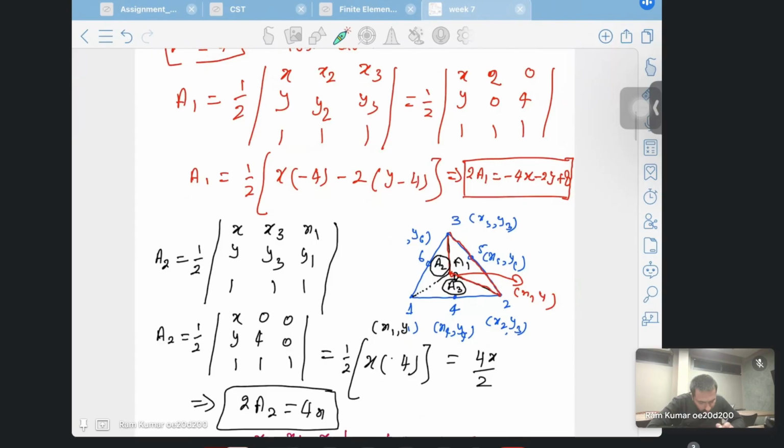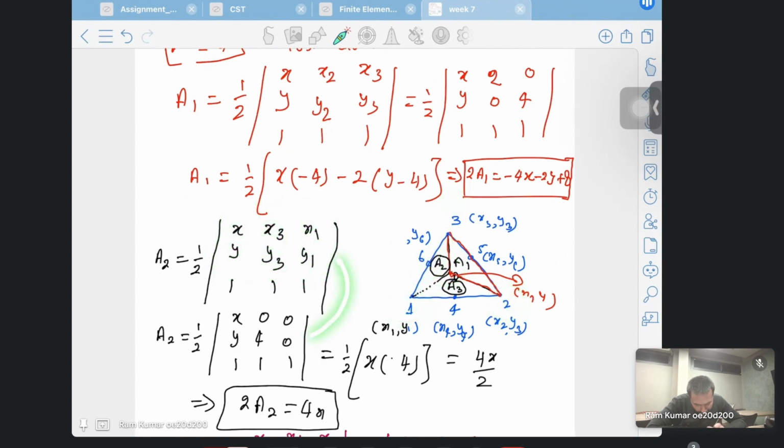Similarly, A2, the area opposite to node 2. This is our node 2. Are you getting now what I'm saying? Yes, sir, I am getting it. So this is the area opposite to node 2. This point P can be anywhere. So x, y is for point P, x3, y3 for node 3, x1, y1 for node 1.